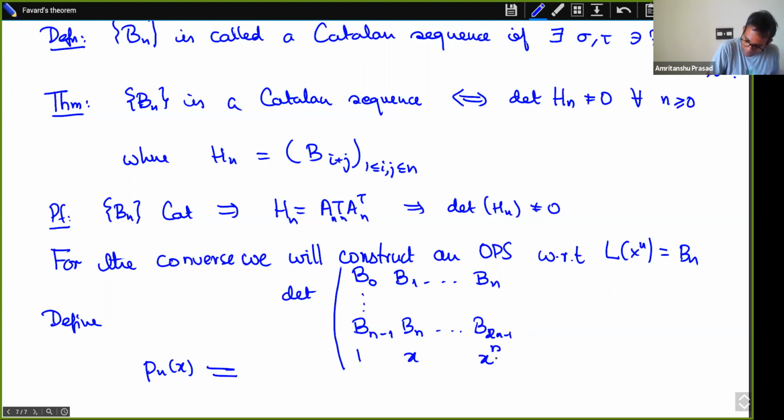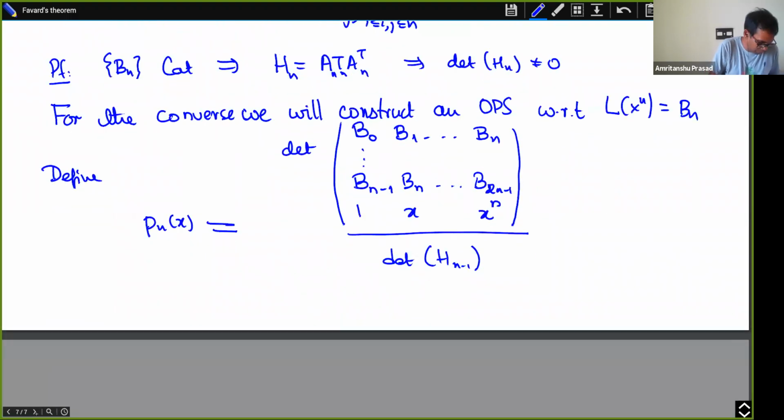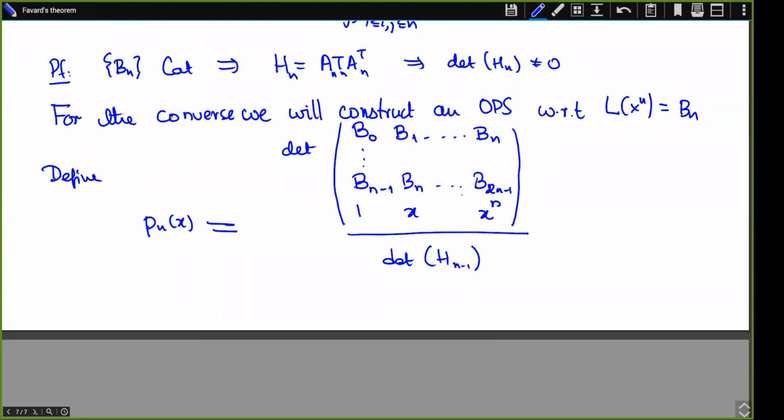So this has n plus 1 columns, and then we will divide by the determinant of Hn minus 1. So you define this polynomial Pn, then certainly Pn has degree n, and it is also monic because the coefficient of x to the n is precisely this determinant Hn minus 1, this submatrix here.